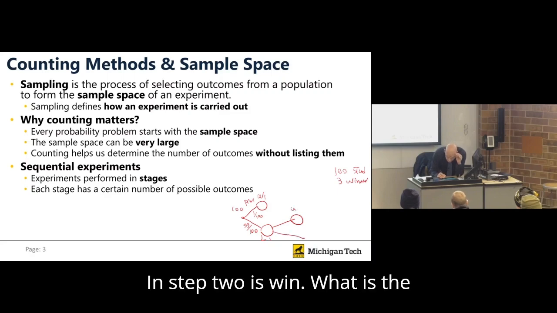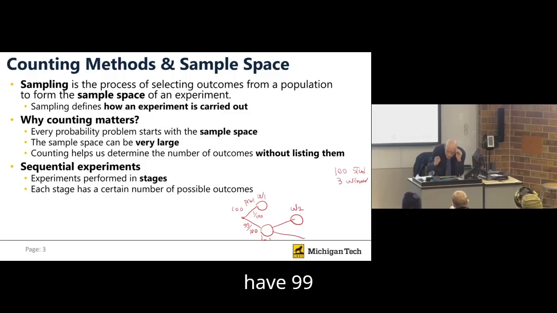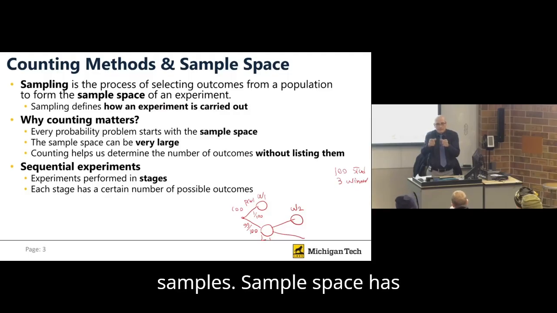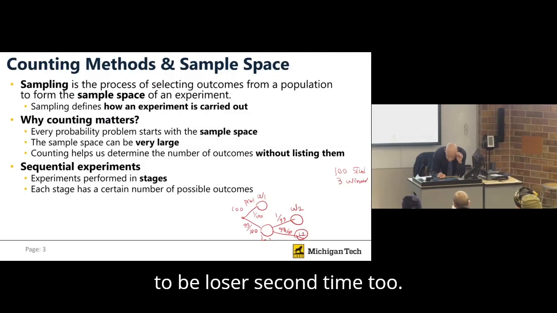In step 2, what is the probability of winning? In this case, the sample space has 99. So we are choosing 1 from 99, and 98 from 99 to again be a loser. That's so bad to be a loser the second time too.